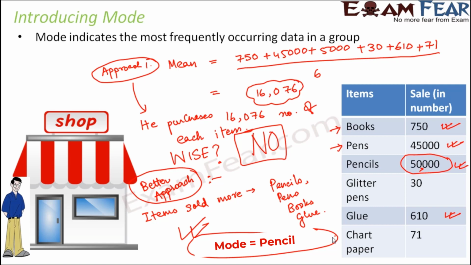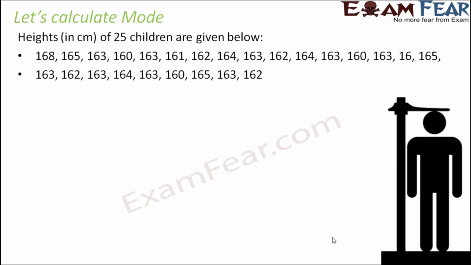Pencil, because that happened most of the times. So that way pencil was like the central tendency of the group of data, because pencil was getting repeated most of the times. So that way mode also represents the central tendency of a group of data, but in a different way than that of arithmetic mean. So now let us try to calculate mode.